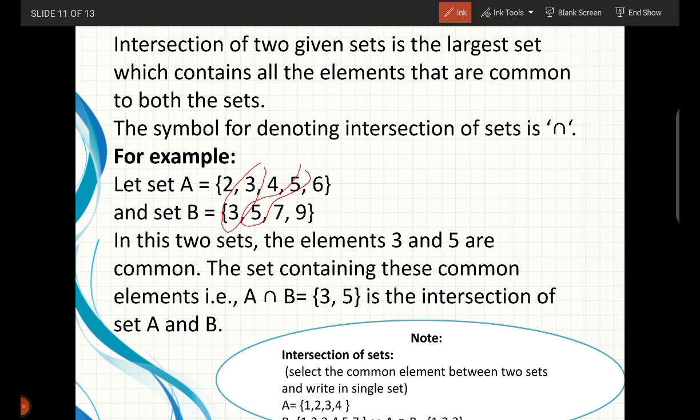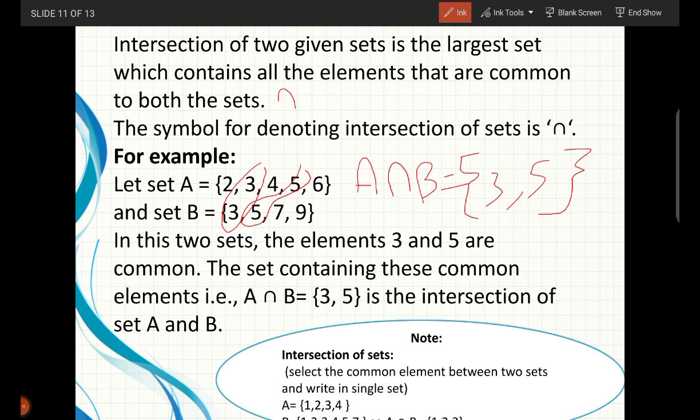So your answer will be 3 and 5. In the intersection, the elements 3 and 5 are common, so the set containing these common elements, 3 and 5, is the intersection of set A and B.